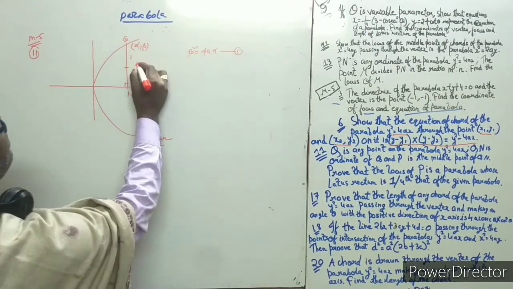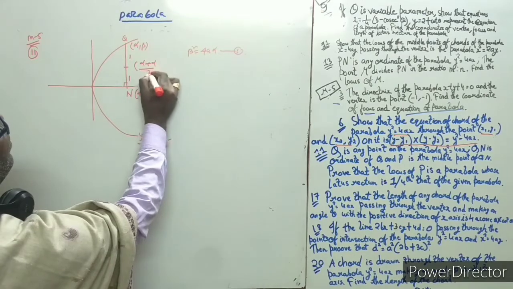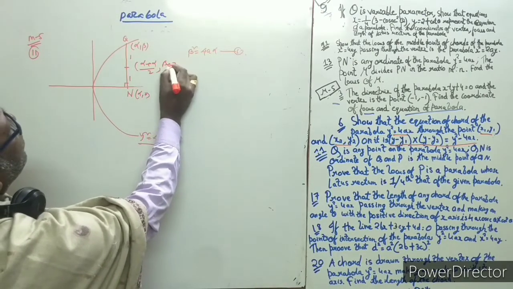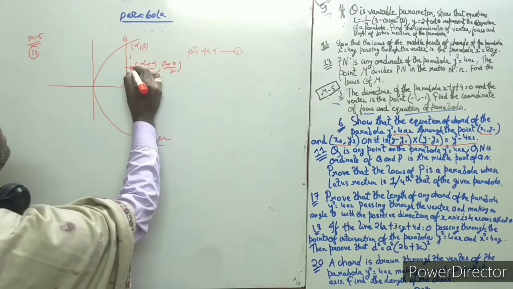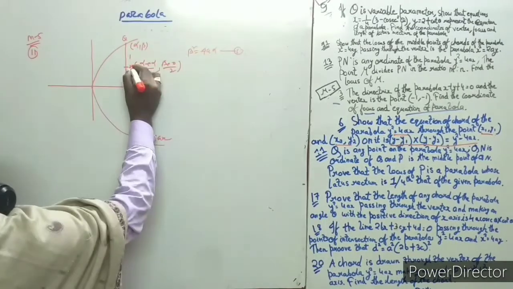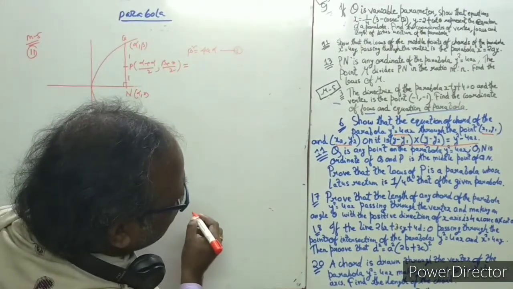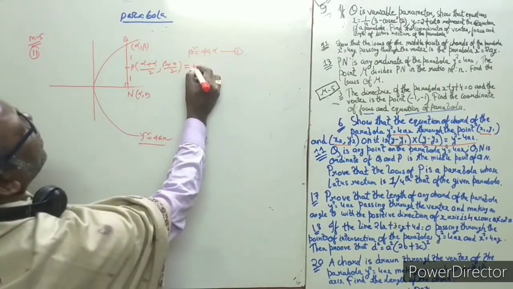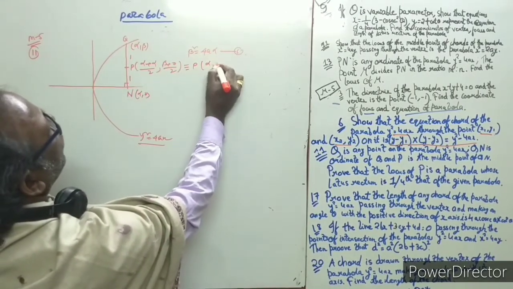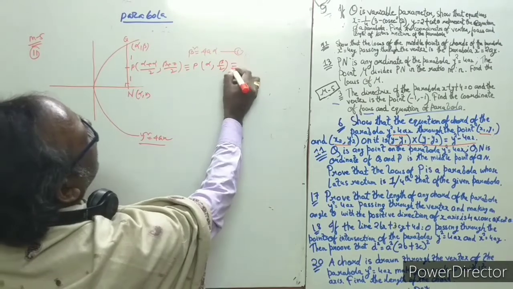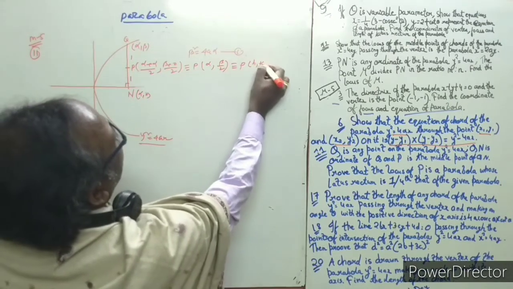So the middle point here is, we can write, (alpha plus alpha) by 2 and (beta plus 0) by 2. Let us assume we write this as P. So P is the middle point, so P is equal to alpha comma beta by 2. And let us assume P be h comma k.